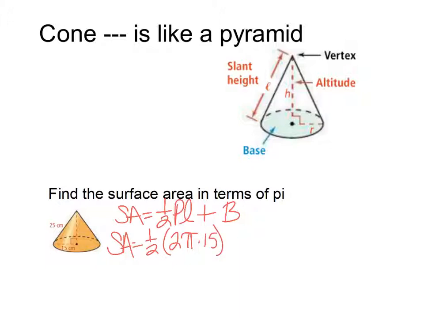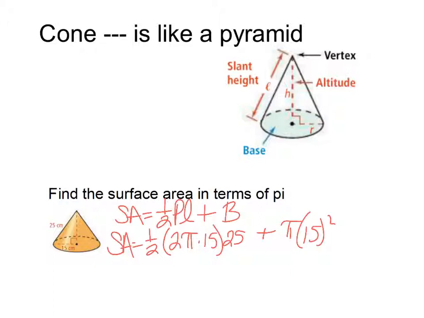So your perimeter is just circumference, times your slant height. Well, they gave us the slant height over there, the 25 would be your slant height, plus the area of the base. Okay, area of a circle is pi r squared, so I'm going to write pi times 15 squared.